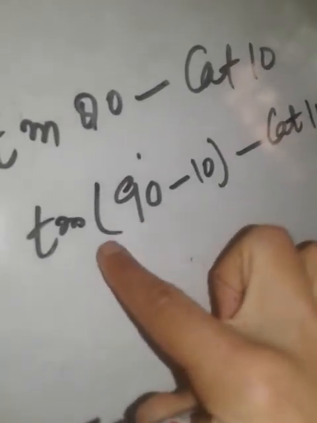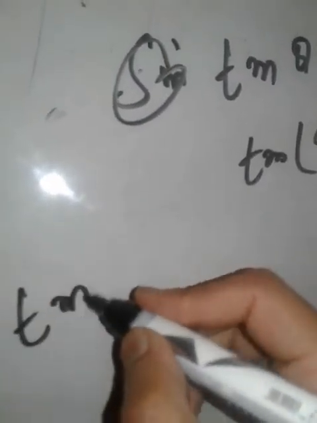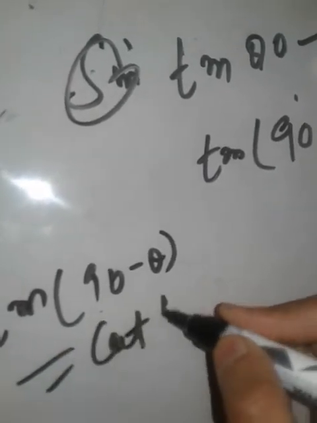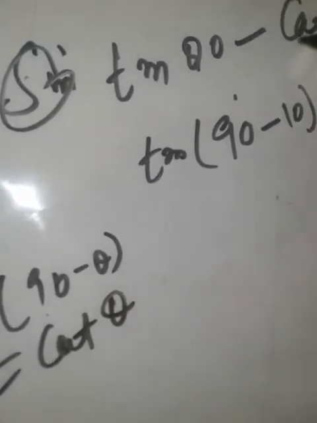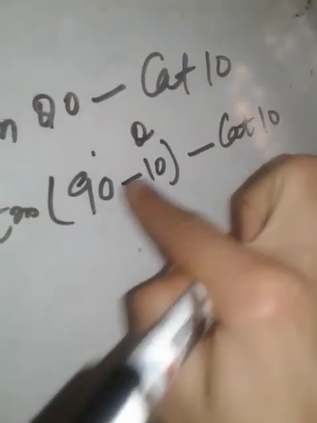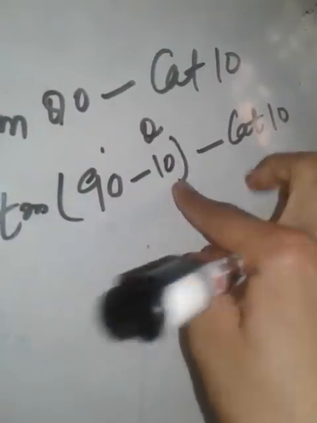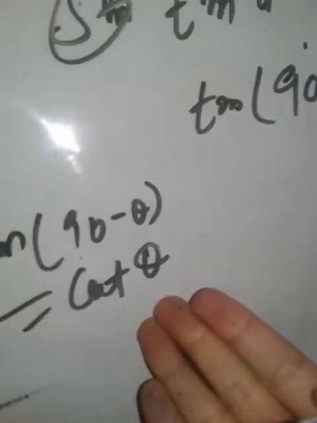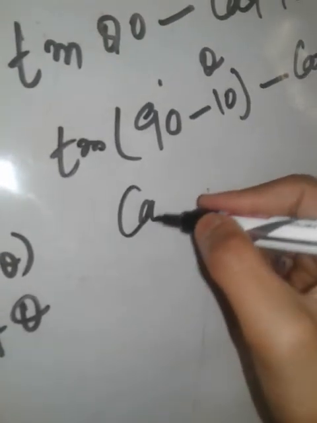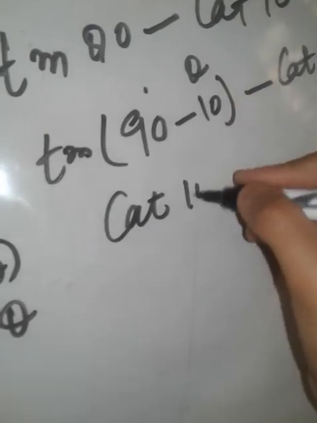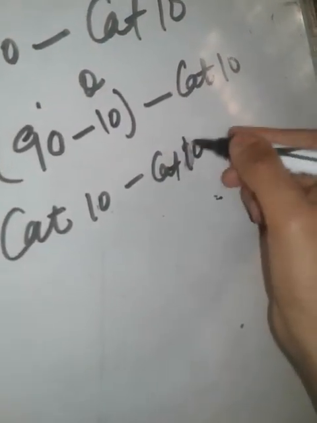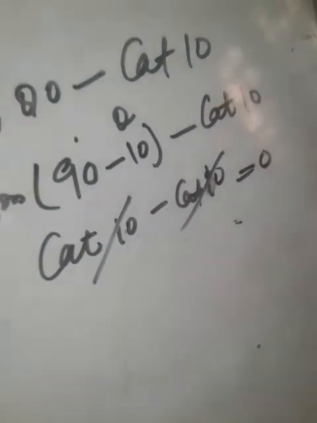Now we know the formula: tan 90 minus theta equals cot theta. What is theta here? Tan 90 minus theta is cot theta. So this is cot 10 minus cot 10, which is 0.